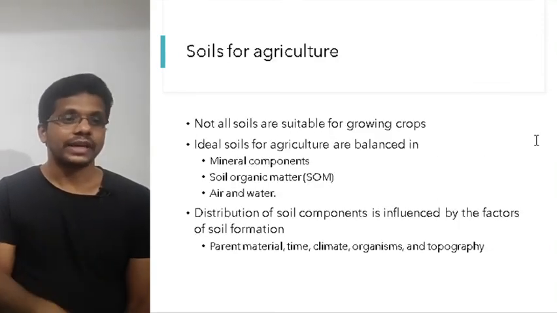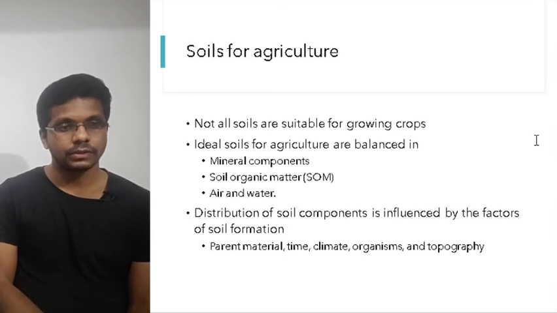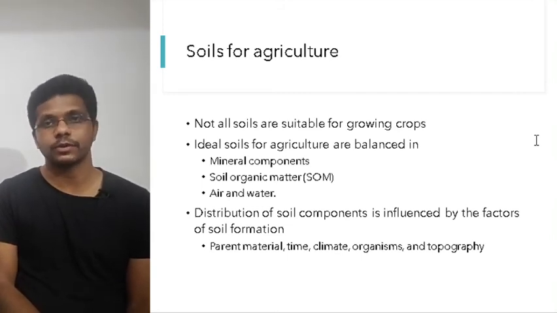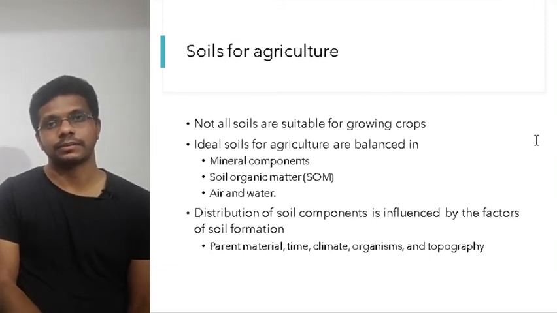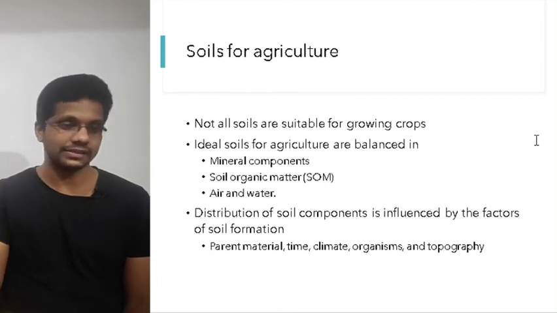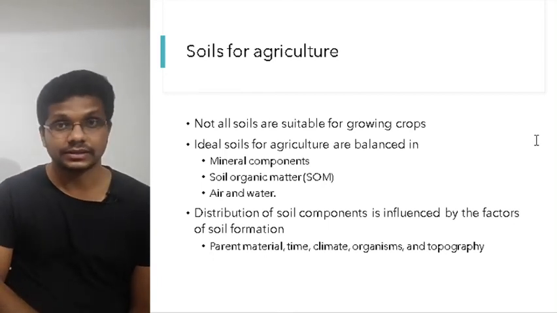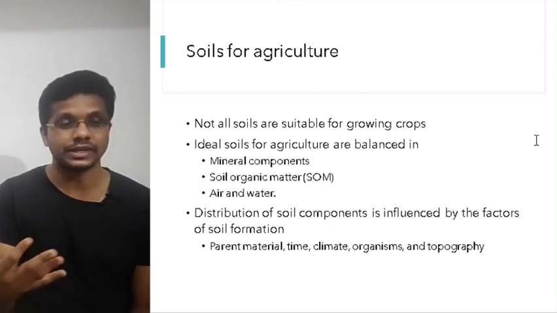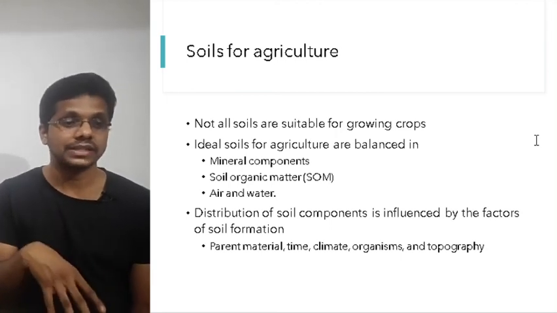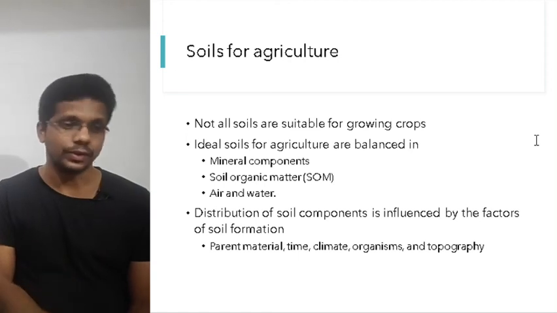Then what type of soil can be used for agriculture? Not all soils can be used for agriculture. Certain types of soils can be used for the production of certain types of plants. An ideal soil for agriculture should have a balance between the mineral composition, that is nutrient composition, soil organic matter, and air and water availability in the soil.